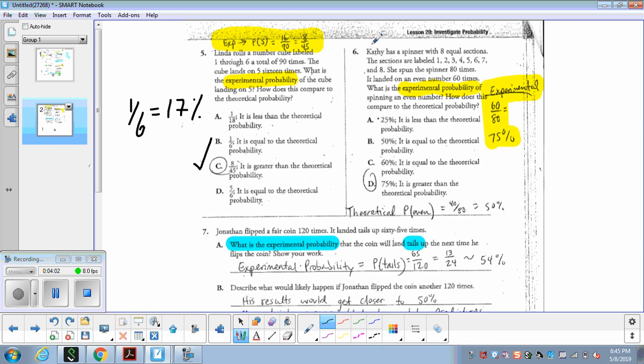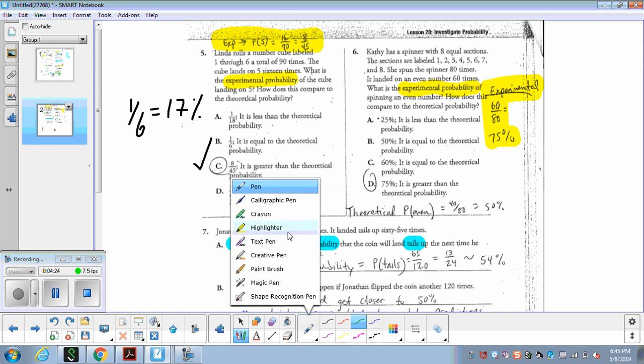All right, for number 6, Kathy has a spinner with 8 equal sections, and they're just numbered 1 through 8. So she spins the spinner 80 times, and it landed on an even number 60 of those 80 times. So according to the results, 75% of the time, she is landing on an even number. It asks, how does that compare to the theoretical probability?